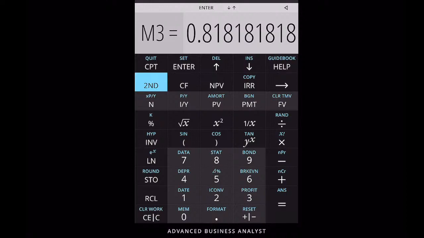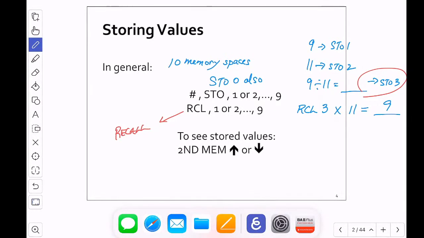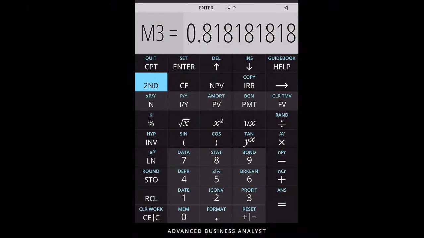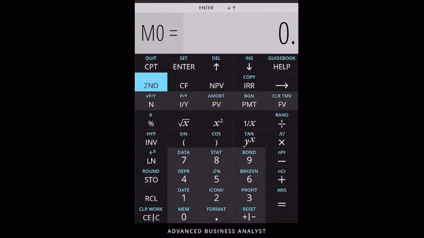So that's it. Those are the main memory workspaces, the cash flows, statistics, and this memory. Those are the workspaces. To clear them, remember, you have to be in the workspace and then hit second, clear work, and it clears.